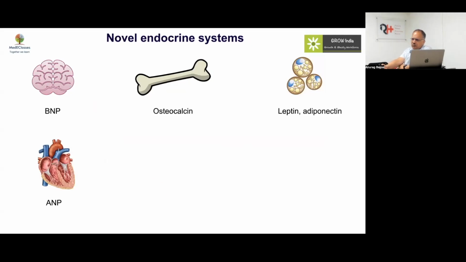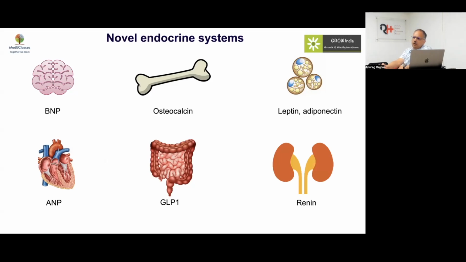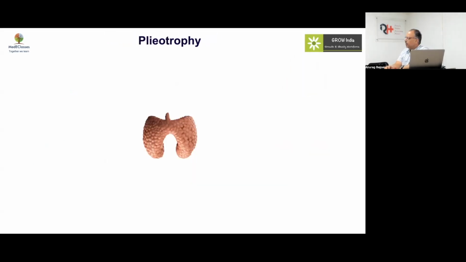Heart produces atrial natriuretic peptide. Intestine produces GLP-1, and kidney produces renin. So nearly every organ can be considered as an endocrine organ, but we are focusing mainly on the classical endocrine organs. Now, we talked about how the same hormone is having multiple effects, how multiple hormones act on the same receptor. Now, the same hormone can have different effects, and that's why you will have pleiotropy of presentation.